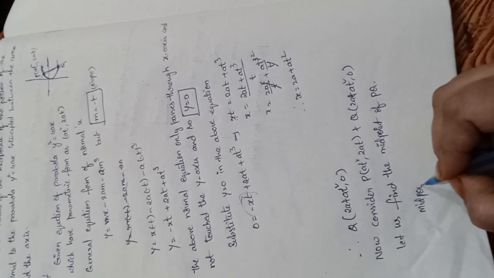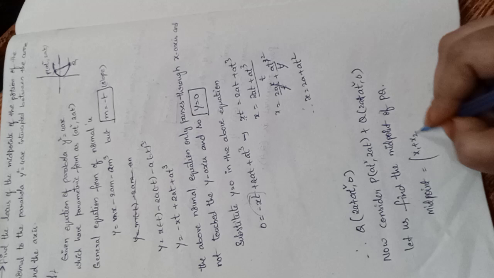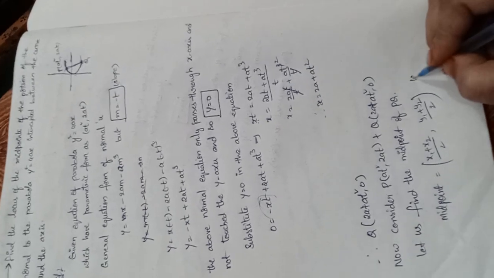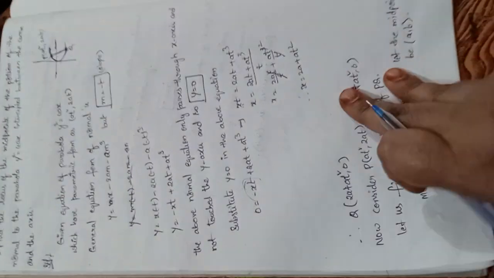Midpoint formula equals to x1 plus x2 by 2 comma y1 plus y2 by 2, right? So let the midpoint be a comma b, right?